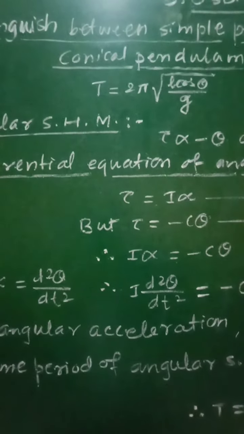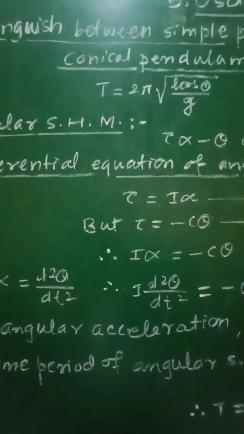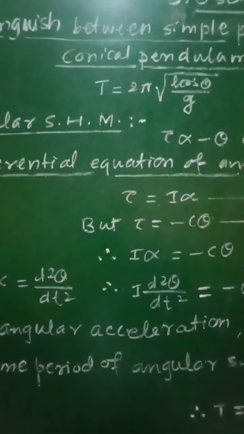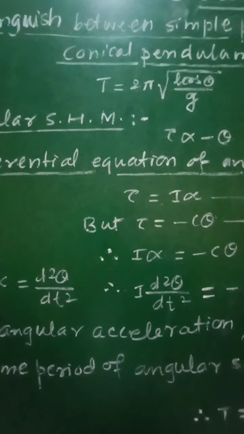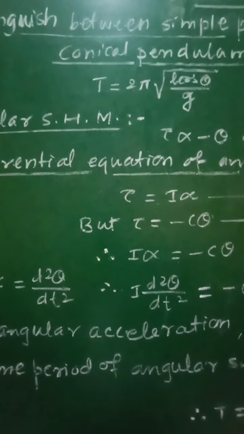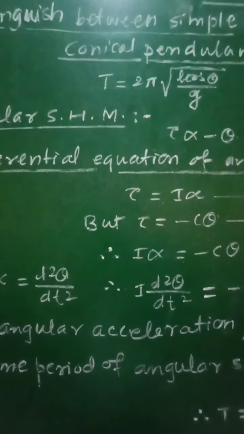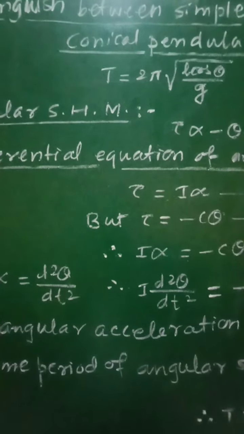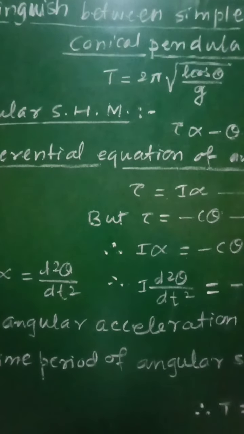Third point, in case of conical pendulum, the horizontal component of the force due to tension provides the necessary centripetal force, while in case of simple pendulum, the tangential component of the weight will govern the force for energy conservation.